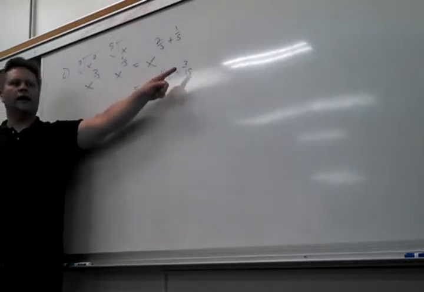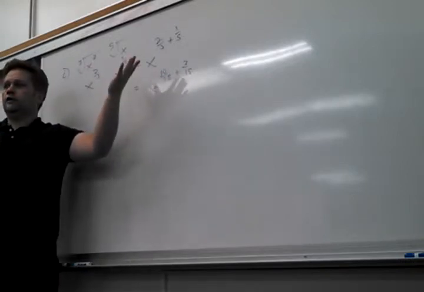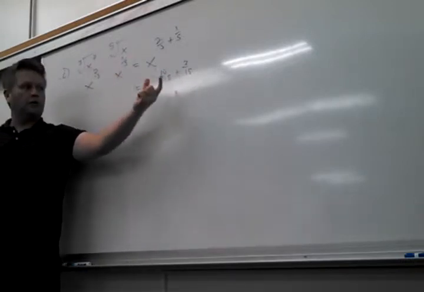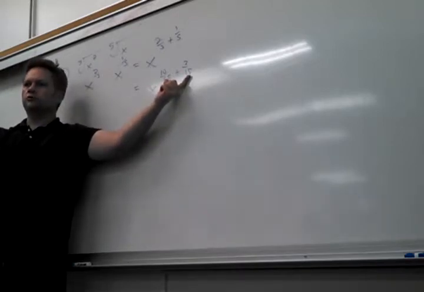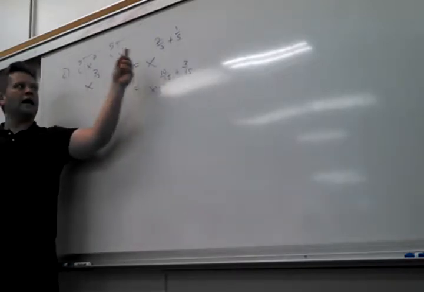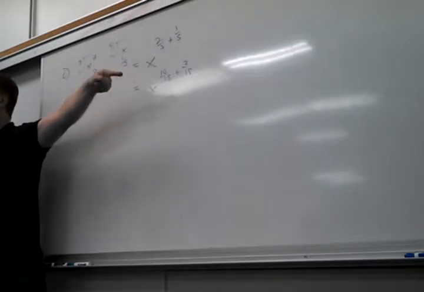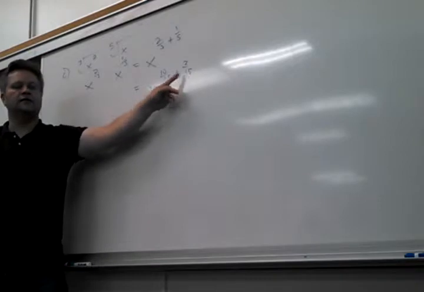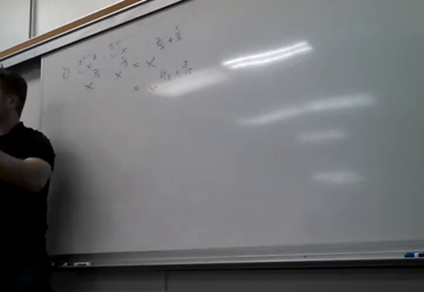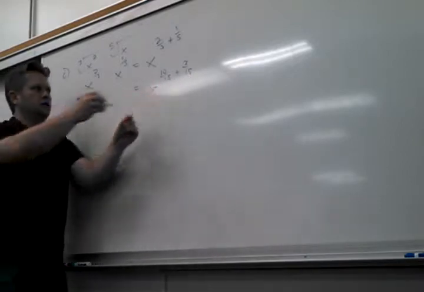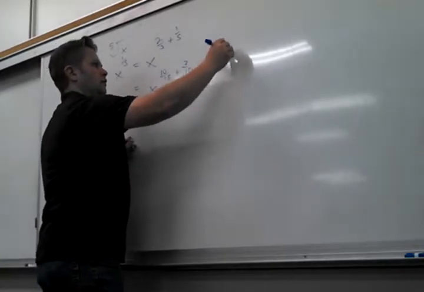I know in this form I have to get an LCD to add these powers, right? But the bottom is the root. So the more general way to look at this is I can't multiply two things unless they have the same root. That's the same thing as saying they have the same denominator, because that's the root. So here I just get x to the 13/15.